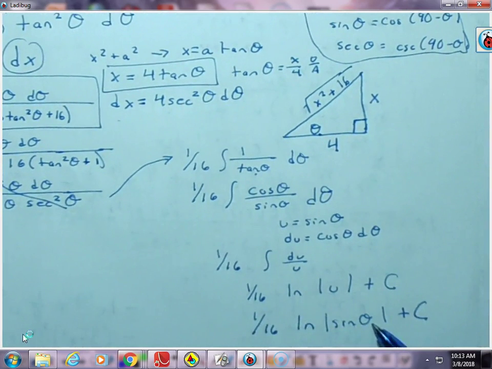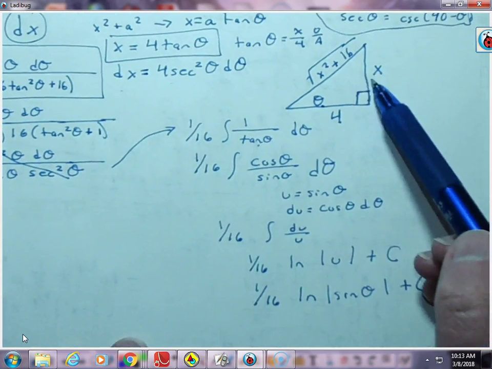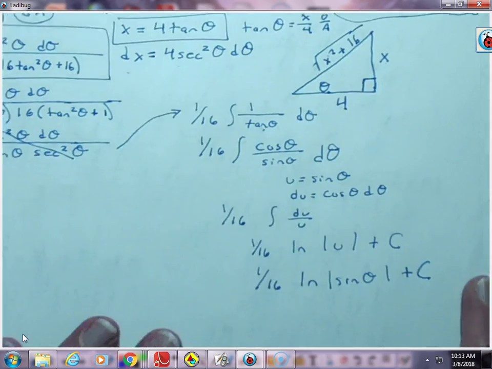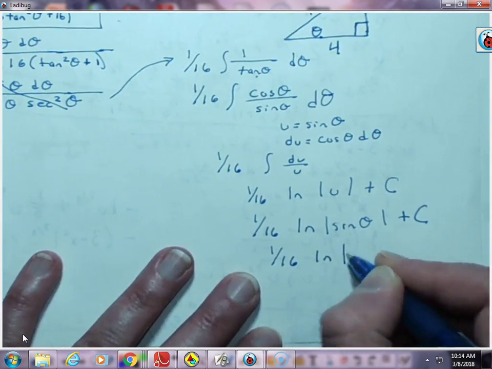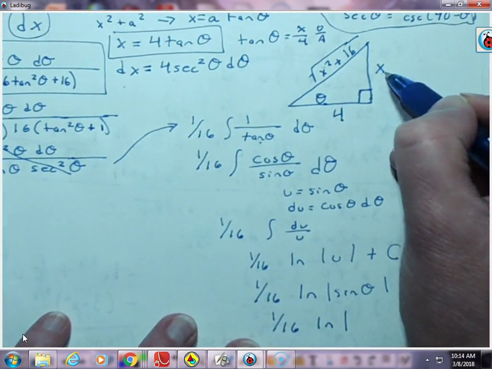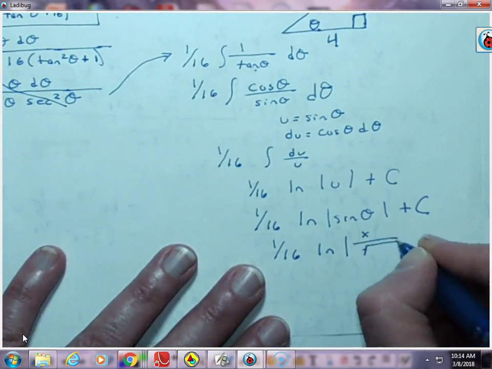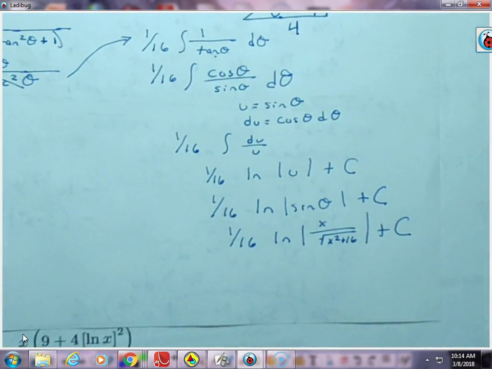You could, but you could just go straight for the trig function. Sine of theta is opposite over hypotenuse. So you don't want it to be too complicated. Okay, so 1/16 ln, the sine of my angle is opposite over hypotenuse, so I can just put x over the square root of x squared plus 16, plus C. And you got it. That's it.